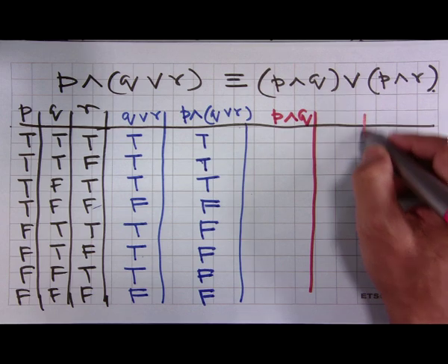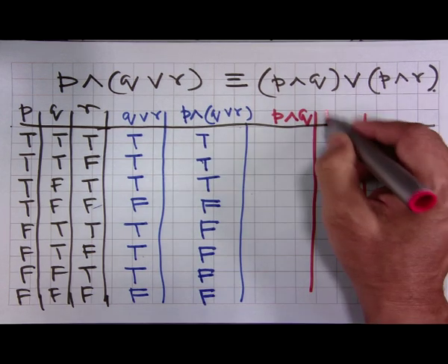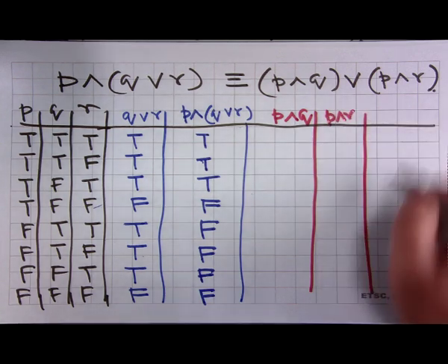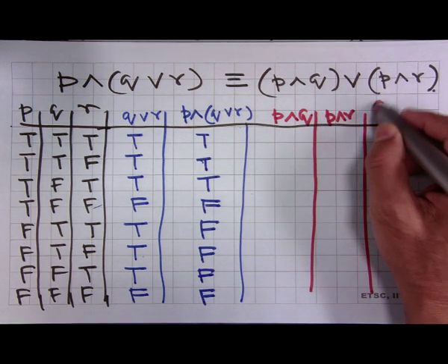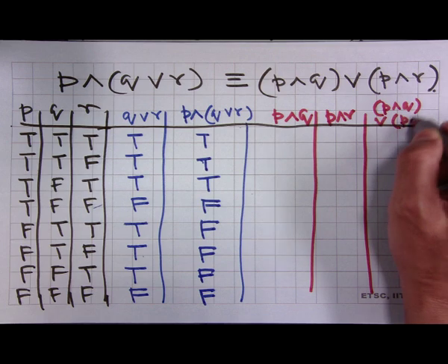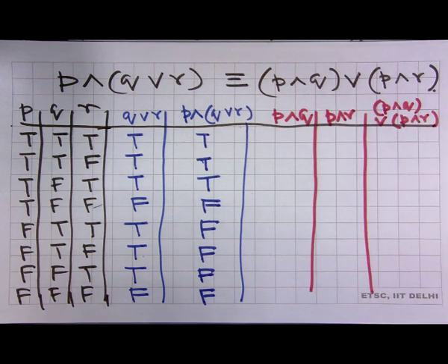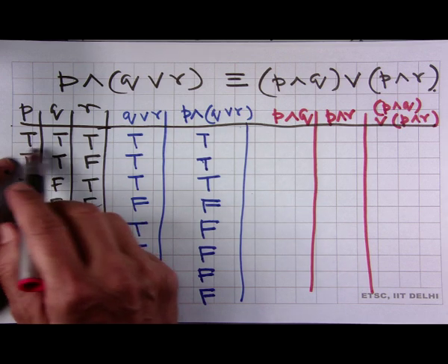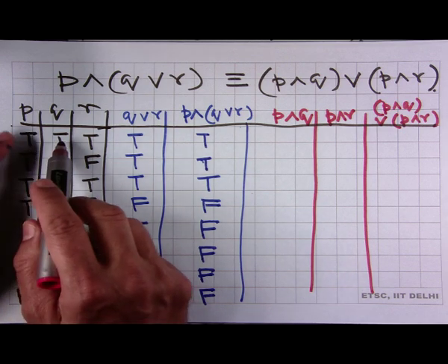Here I will do P and Q, then I will do P and R, and then I will do the OR between them. Right? So, P and Q, I am performing the operation between these two columns.